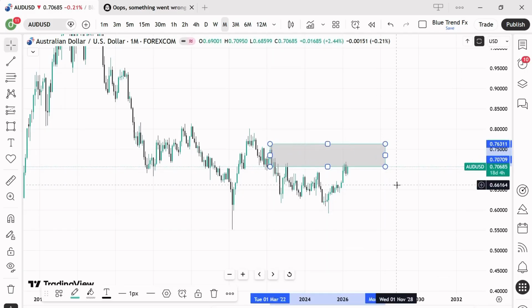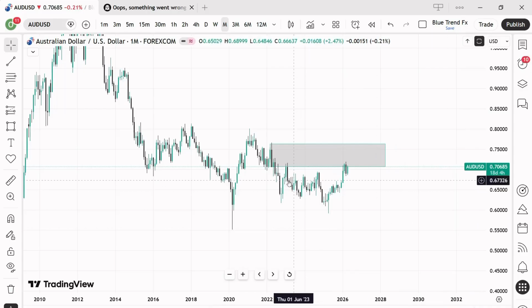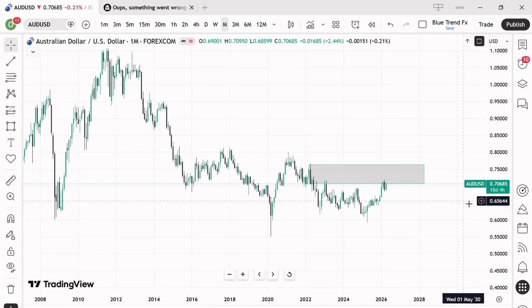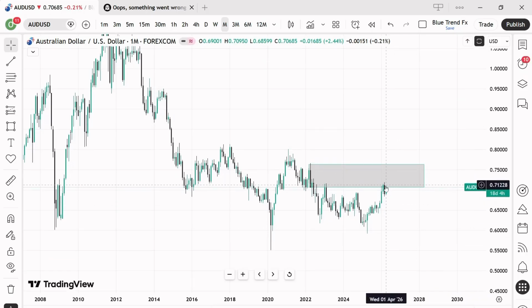Right here. And you can see last month's candle actually printed a bearish engulfing candle for us.